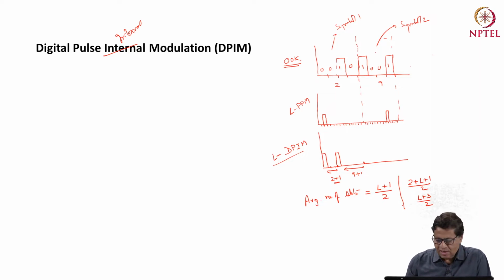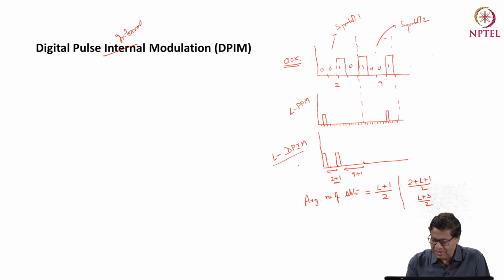And if you see the power, the average power in L-DPIM is going to be more as compared to L-PPM. So there will be a higher average power in case of L-DPIM, because pulses are coming quite frequently as compared to this.